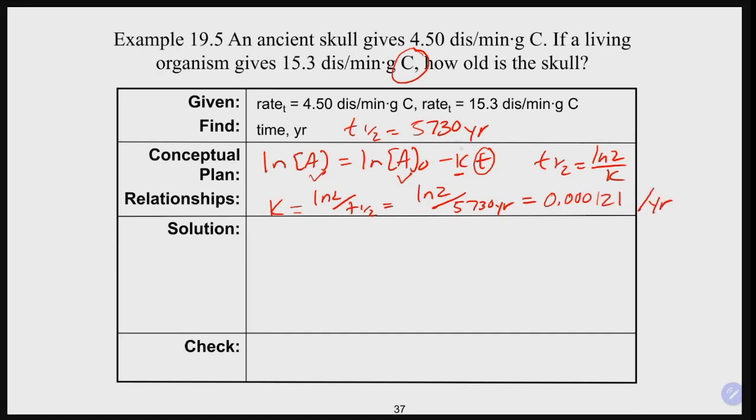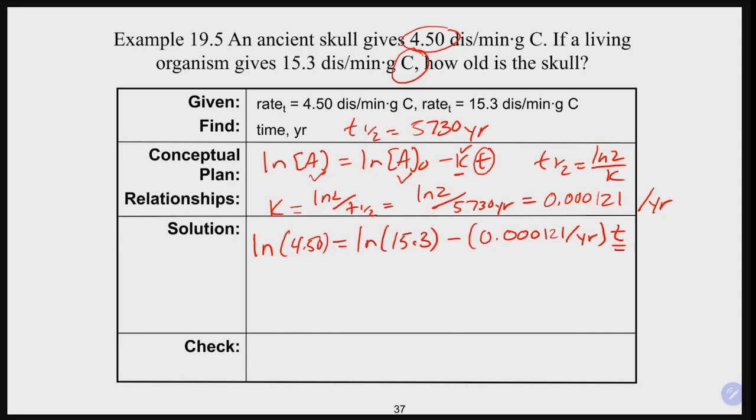Now that we have that, we have everything we need except for time, which is what we're trying to find out, which is how old this is. So the natural log of our final amount, the one with the smaller disintegrations, 4.5, equals the natural log of 15.3, which is our initial, minus our K of 0.000121 reciprocal years times time.